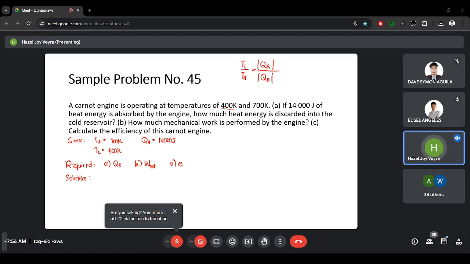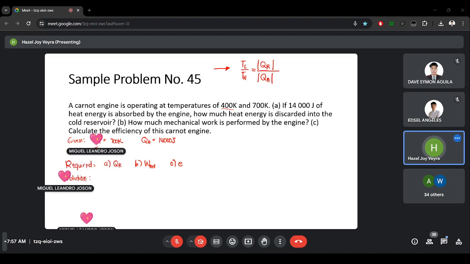So remember this, class. Again, the ratio of the cold reservoir temperature to the hot reservoir temperature is equal to the ratio of the heat being rejected from the system to the heat being added to the system. Are we clear on that? Did everyone get that? Okay.